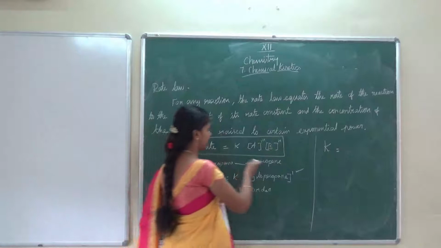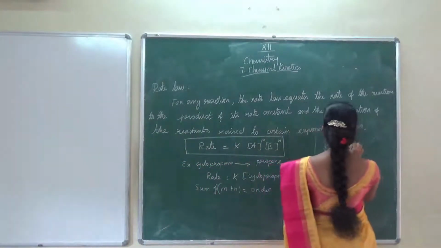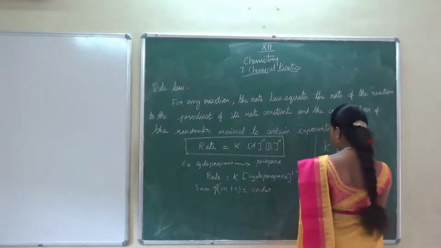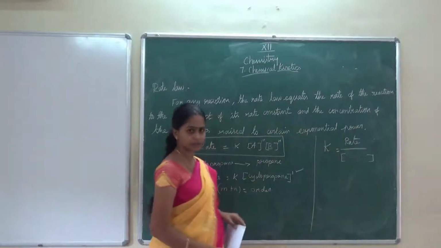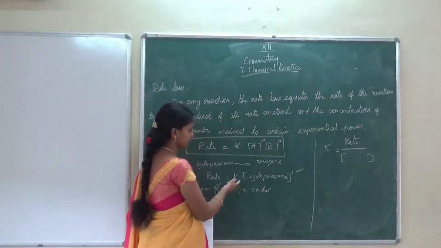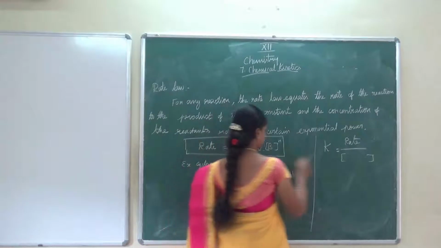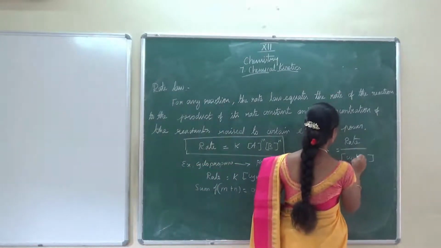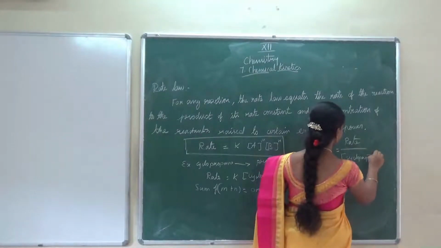That is rate. Now K is equal to rate divided by the concentration of the reactant with the exponential power. Suppose they are asking you to find the cyclopropane rate constant, then rate divided by cyclopropane concentration power 1.